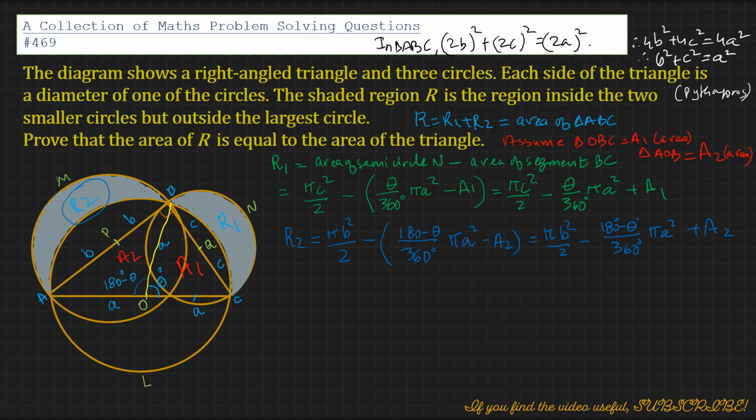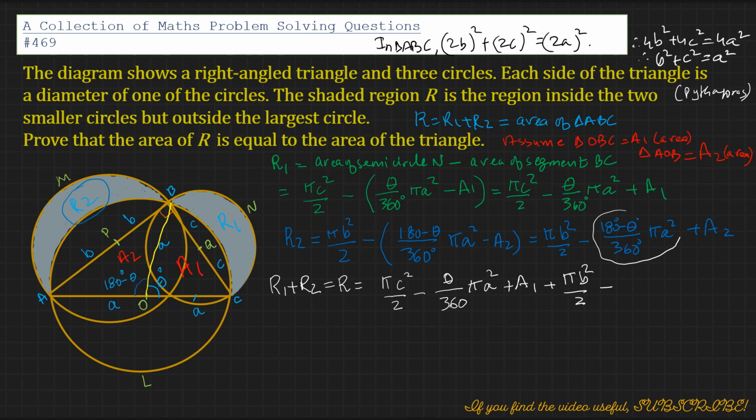So that's the next, what we can do is we will add R1 plus R2, and that is R, and that equals pi c square out of 2 minus theta out of 360 pi a square plus A1 plus pi b square out of 2 minus, now this expression 180 minus theta out of 360 pi a square, this expression we're going to break it down.